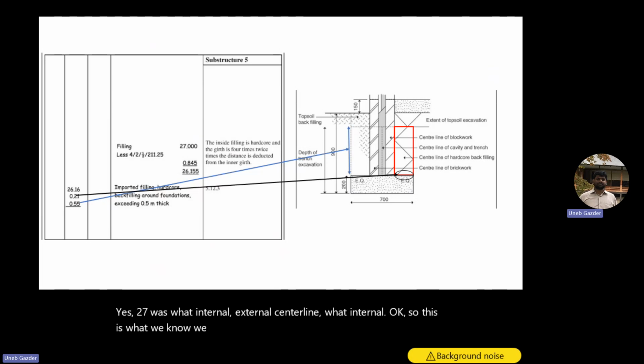We are doing less, because I want to get to the center of what now? Where is the center of hard core? Dimension 26.155 is up to where? Up to here is internal, right? Internal girth. And 26.15 is up to where?